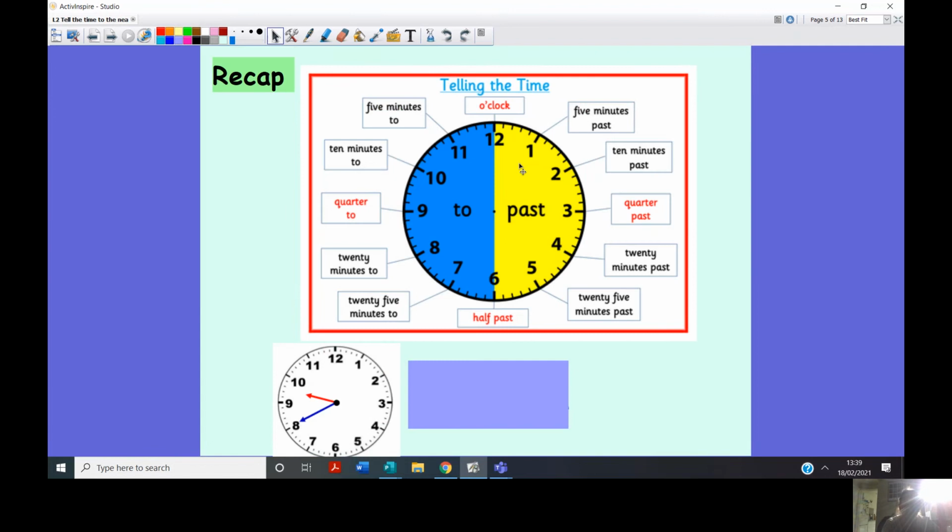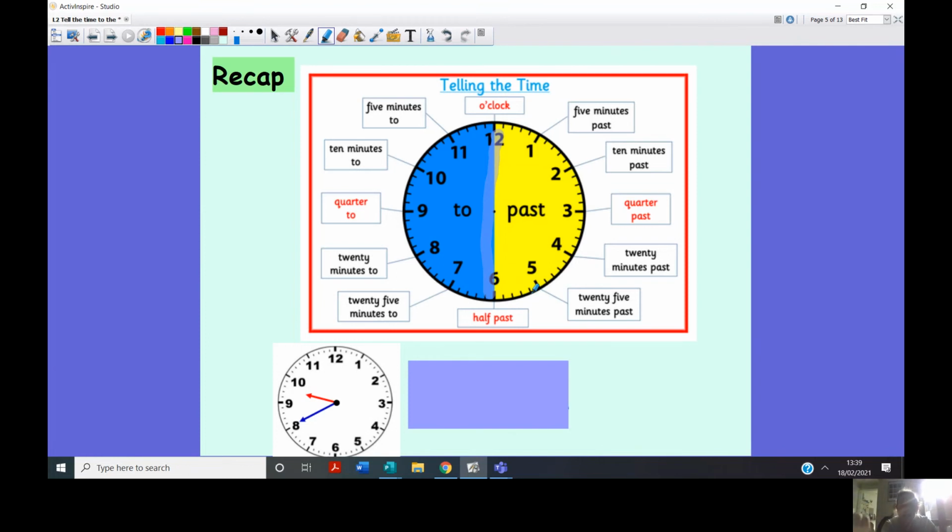So, quick recap. This is one of our key images of this unit. It's telling the time, and remember we have this magic line in our clock. Everything before half is, we say it's past the hour.